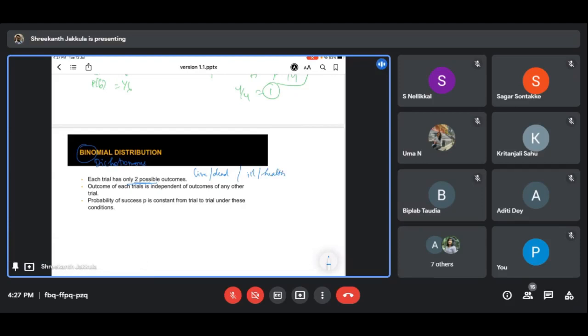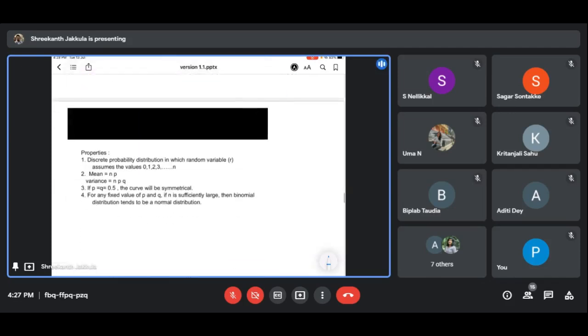The outcome of each trial is independent of the outcomes of any other trial. If it is live, it won't affect the other part, that is dead. So that is always independent. And the probability of success, p, is constant from trial to trial. However many times you do the same method, the probability of the event occurring is always constant in the binomial distribution.